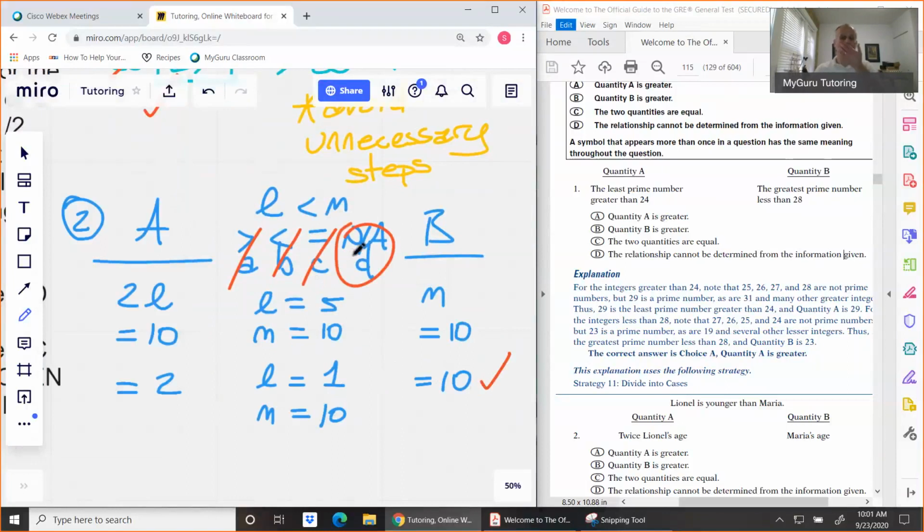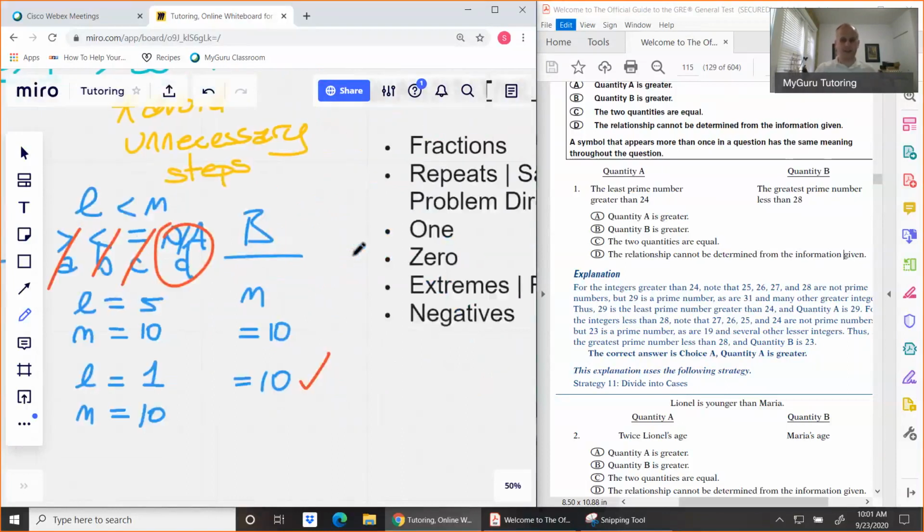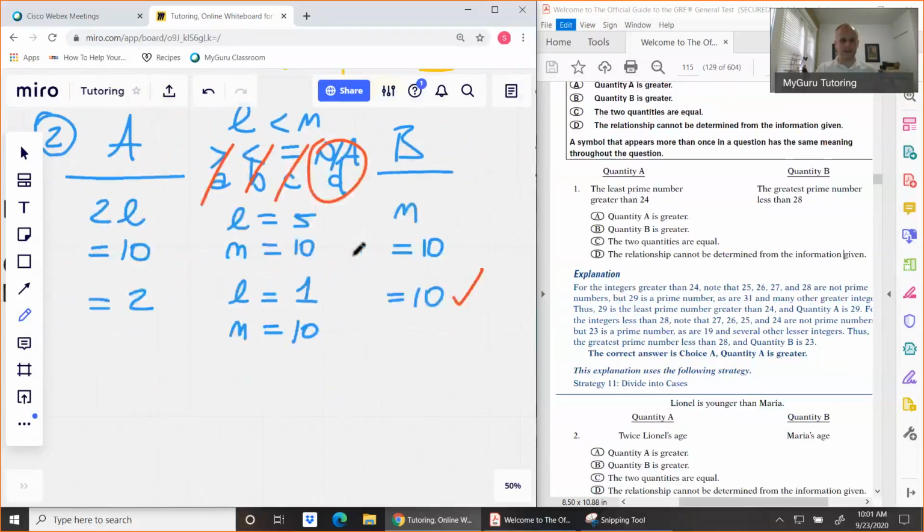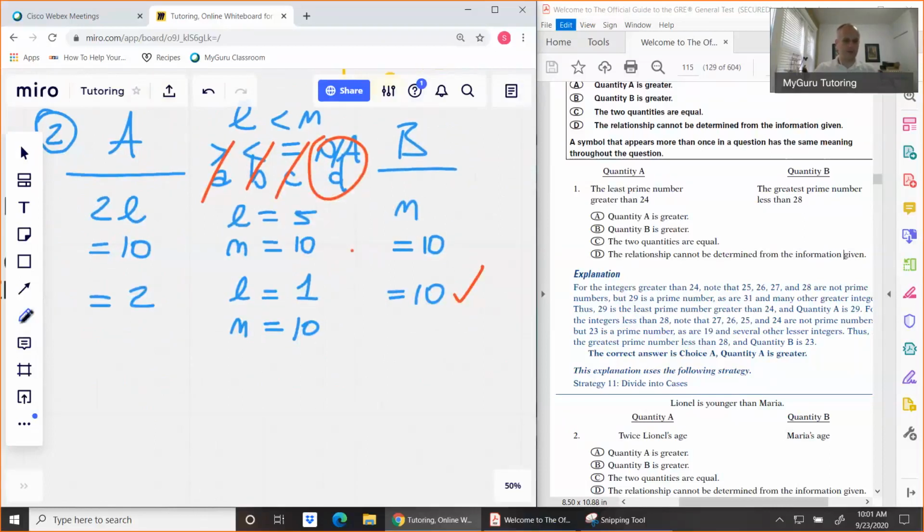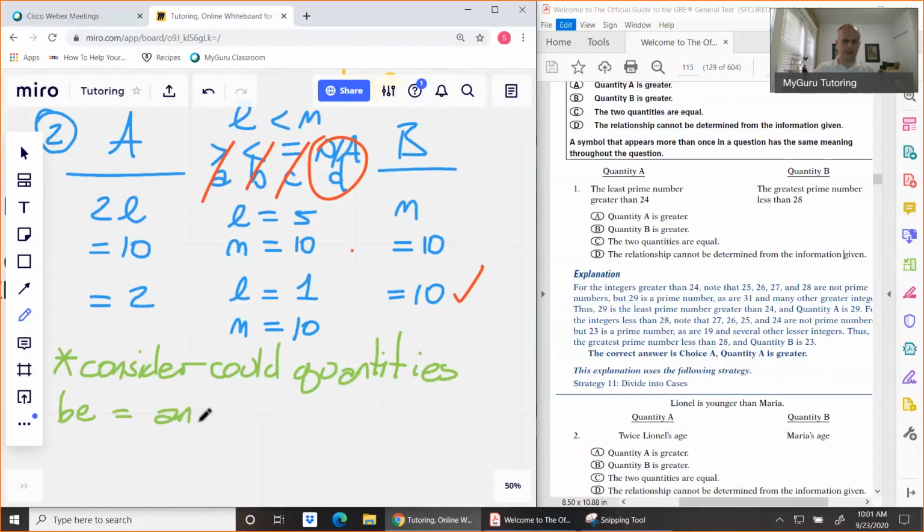So another thing that you can always do, a speedy approach for the quantitative comparisons, is consider, could the quantities be equal, and also not equal? Because if the answer is yes, then you just select D immediately.